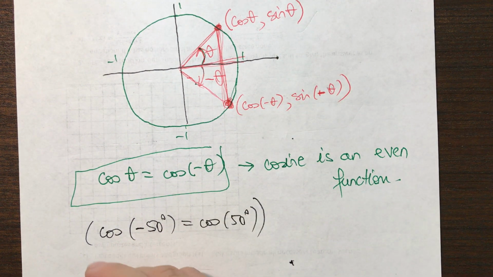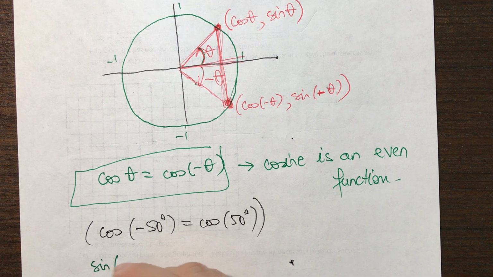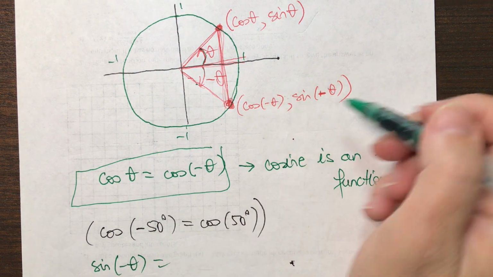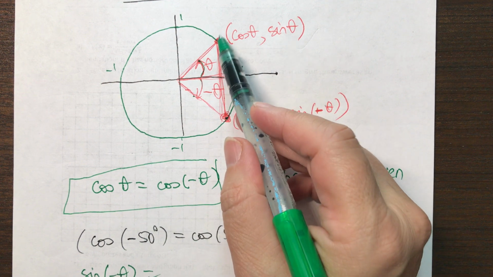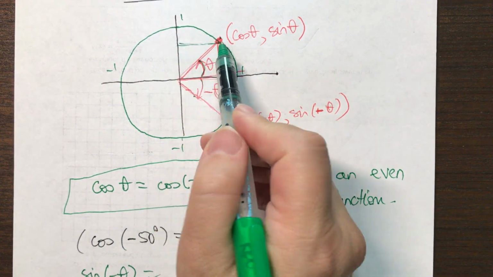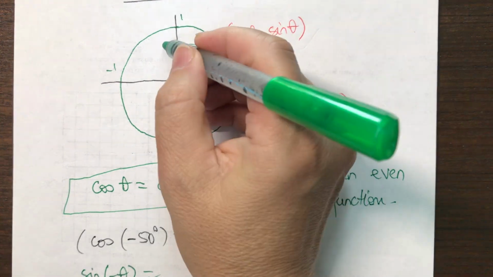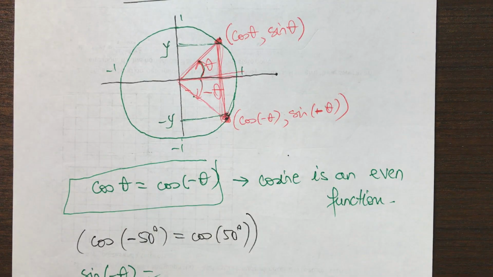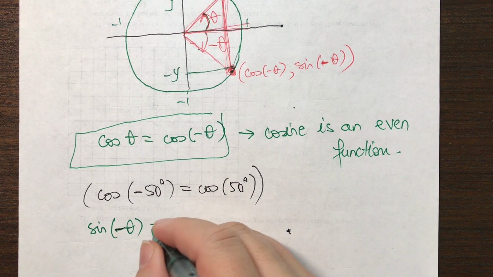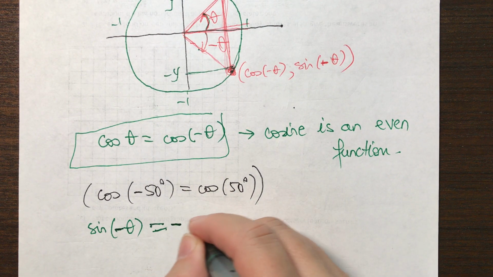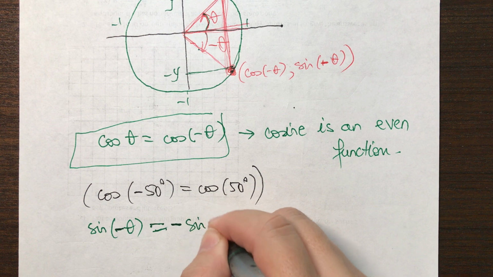What can you tell me about the sine values? If you plug in a negative angle versus the positive angle, what do you think about these y-coordinates? They're going to be exactly opposites of each other. So sine of negative theta is the opposite of sine of theta.